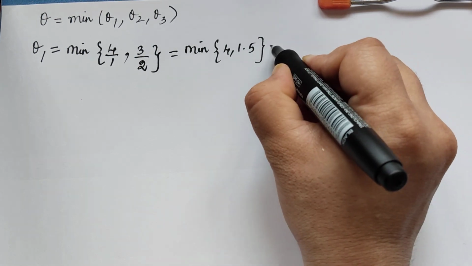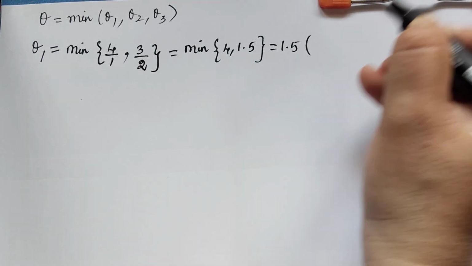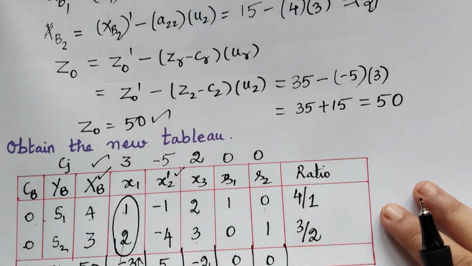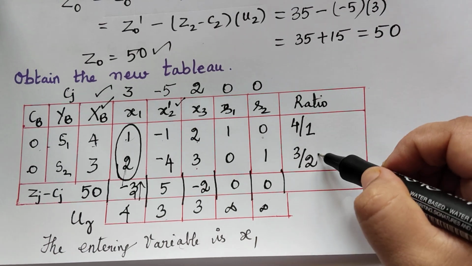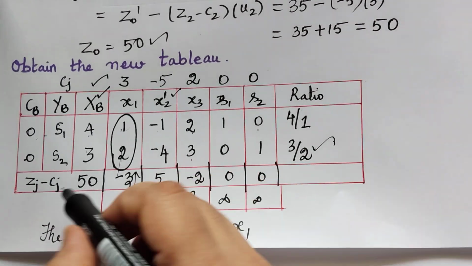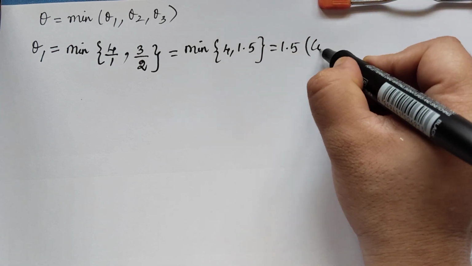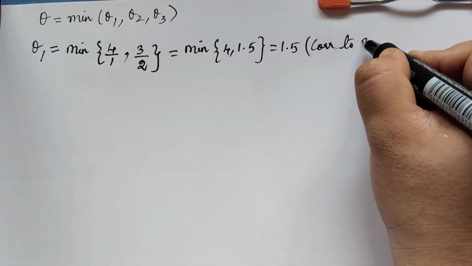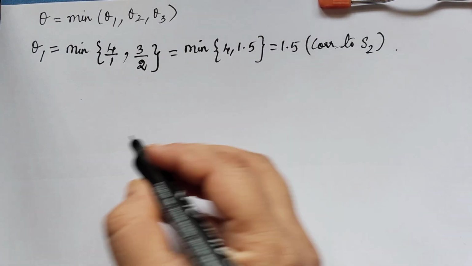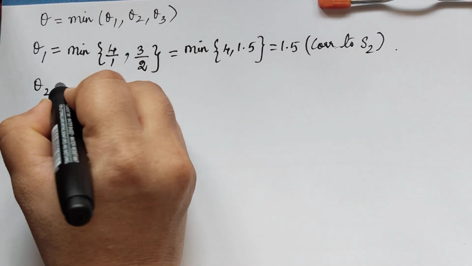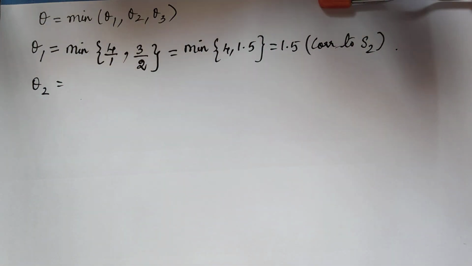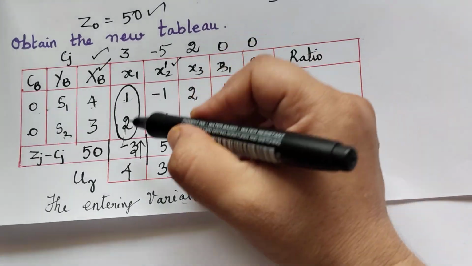And obviously the minimum is 1.5. And we have to see which variable this corresponds to. This value 3 by 2 corresponds to the variable s2, so we will write that and keep it. Next we shall find theta 2. Now we have to check this entering column.